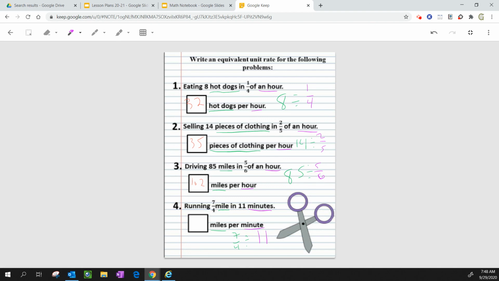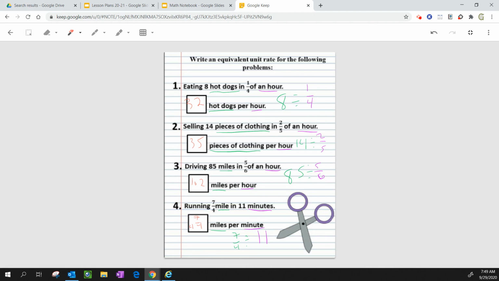You should have gotten a fraction as your answer, which is 7/44 miles per minute.